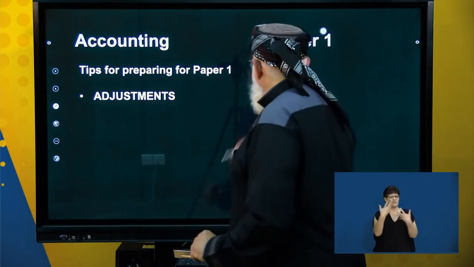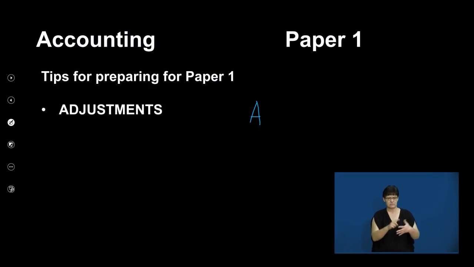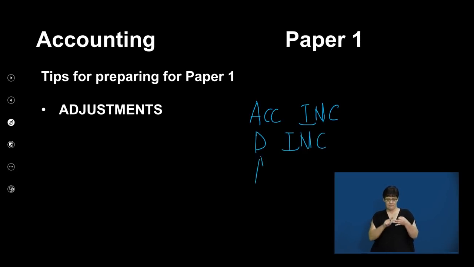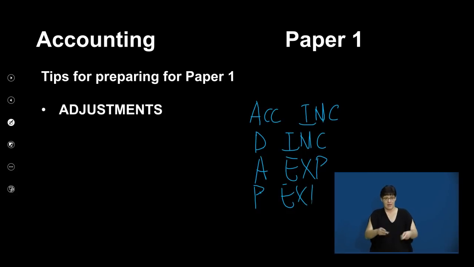Here we're talking about your accrued income, your deferred income, accrued expenses, prepaid expenses, and obviously your consumable stores on hand.